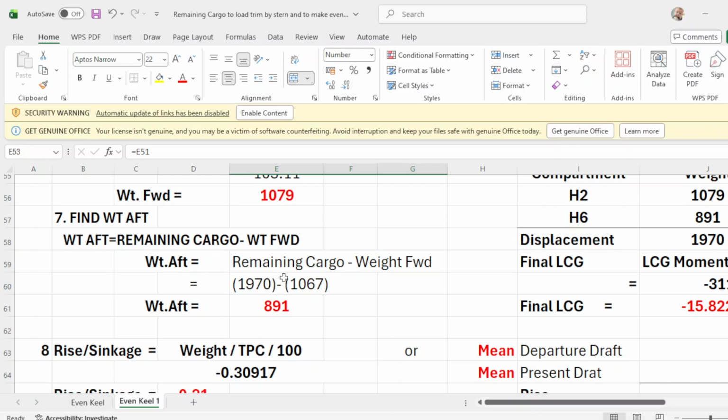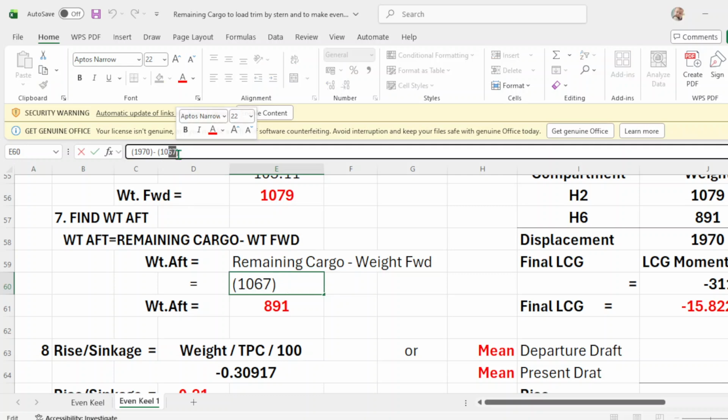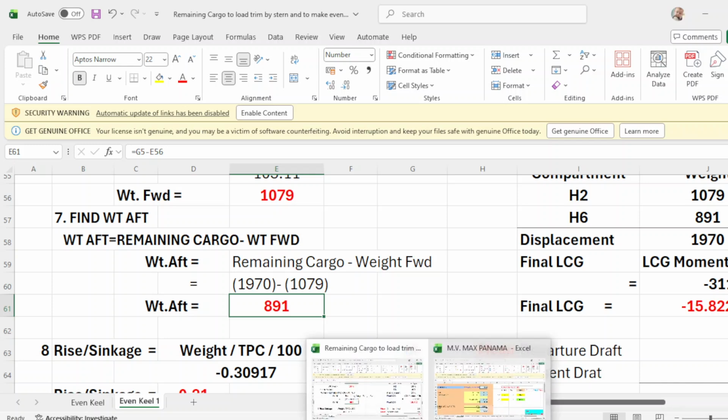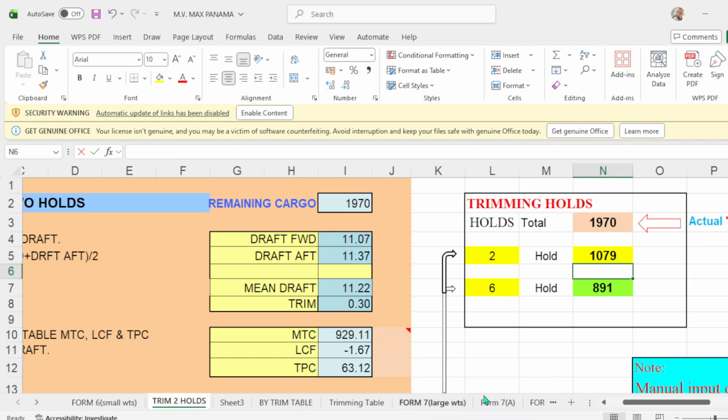Remaining cargo is 1970, and forward weight is 1079. Okay, and your up should be 891. Okay, 891. Number 6. Okay, confirm.